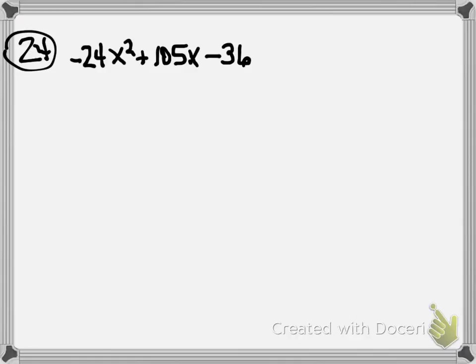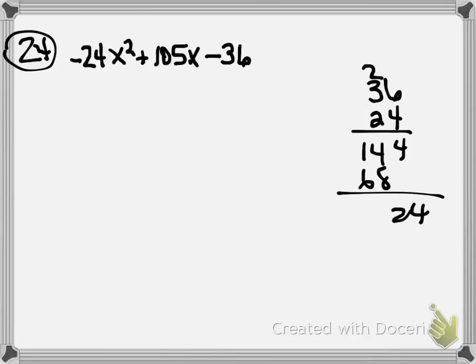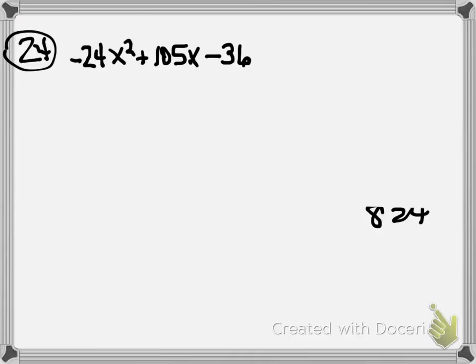So if we take 36 times 24, that's going to give you 824. So A times C is 824. Now let's split that up.